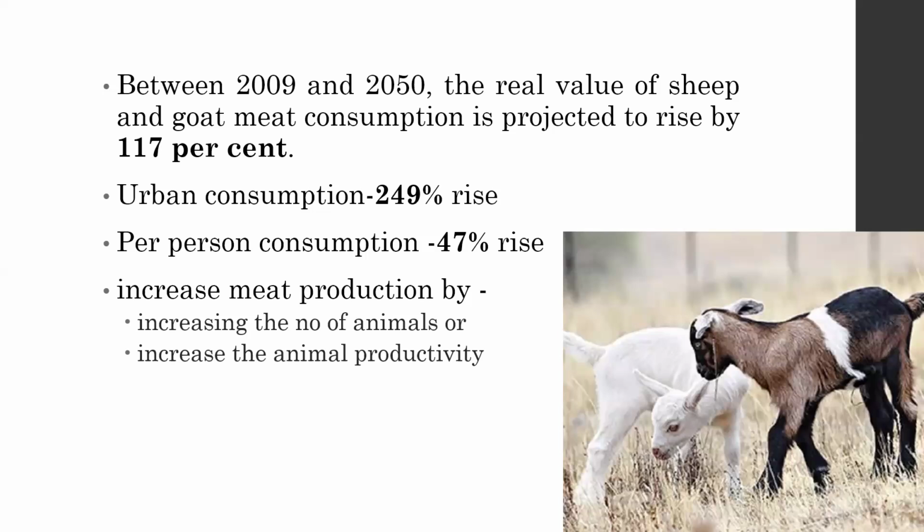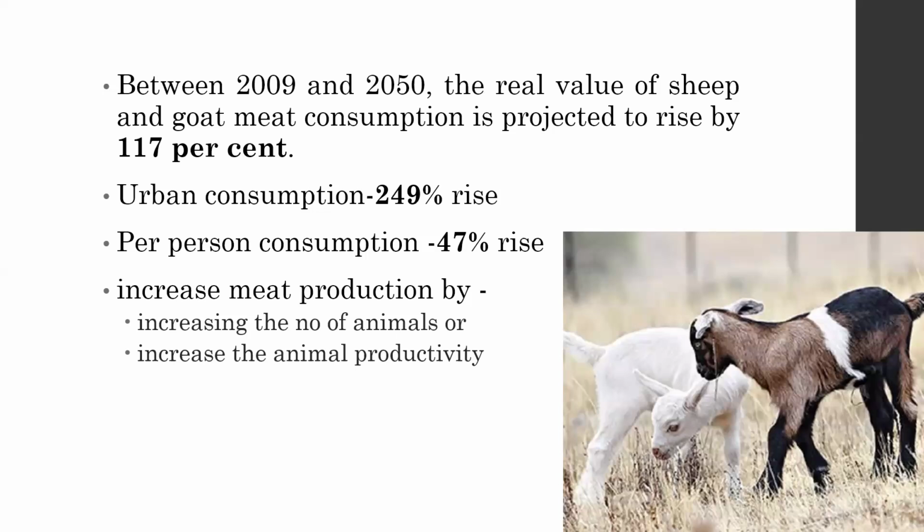It is projected by the Food Standards Authority and Food Regulation that urban consumption would increase by 249%, and per person consumption would rise by 47%. So to meet these demands, we have to increase animal productivity, whether by increasing the number of animals or their productivity.